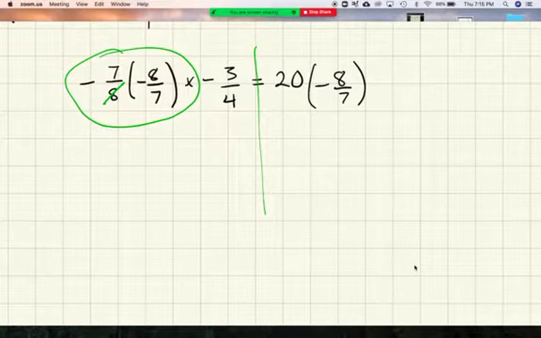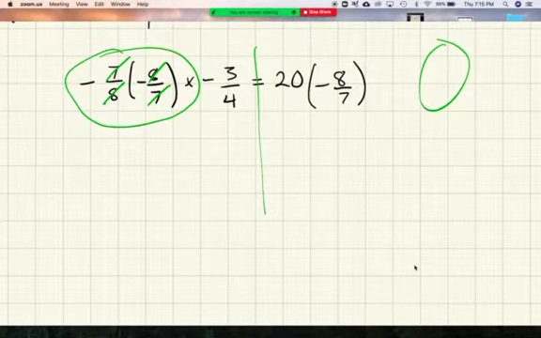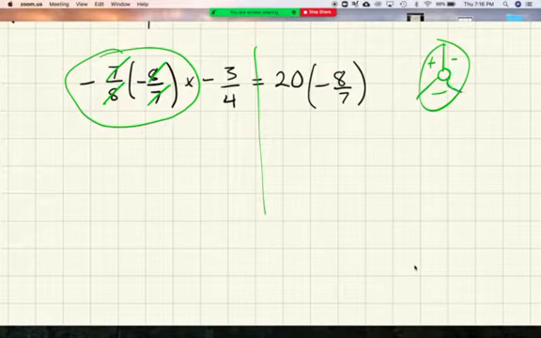So the 8 cancels out with the 8, the 7 cancels out with the 7, and even the negatives go away, since a negative times a negative is a positive. So that would change to just positive x.